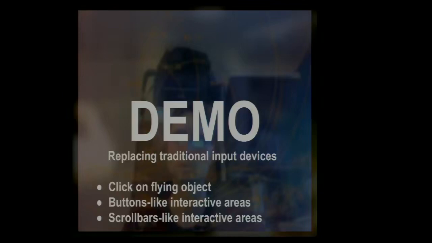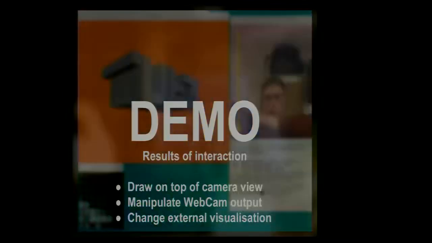Those input methods made three different interactions. One was that you could just draw things on the view from the webcam. Secondly, you can manipulate the view or add some effects like the quadro representation. And the third was that you can separate the controlling webcam and the output.